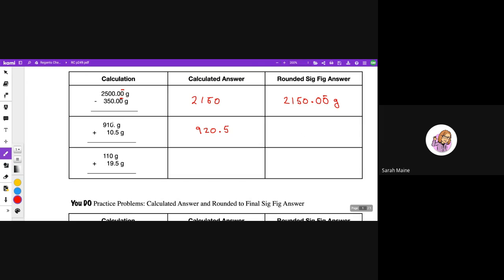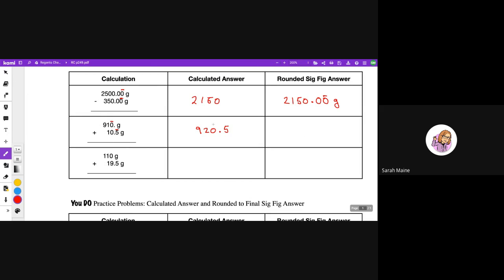In 910, we have a trailing zero, but there is a decimal, so that zero is significant. And that is in the ones position. In 10.5, we have a trapped zero, so it's significant. And to the right of it, we have the digit of 5, but it's in the tenths. So the last place that these two measurements line up is in the ones.